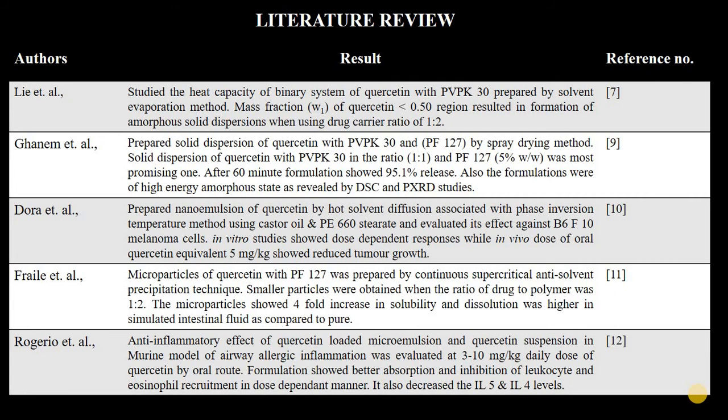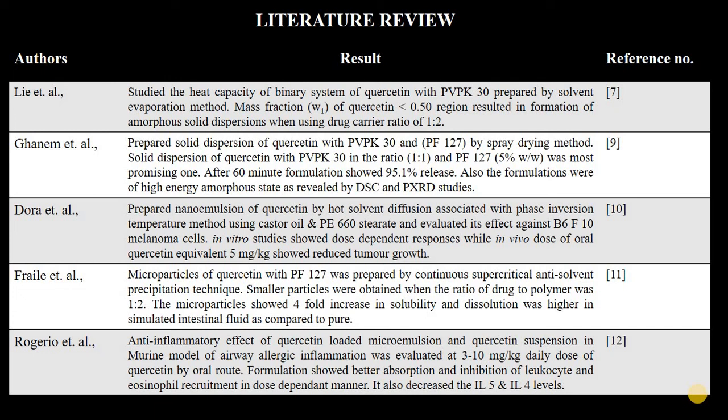These are some literature reviews. Lee et al. studied the heat capacity of a binary system of quercetin with PVP K30 prepared by solvent evaporation method. Mass fraction of quercetin less than 0.5 resulted in the formation of amorphous solid dispersions when using a drug carrier ratio of 1:2. Ghanem et al. prepared the solid dispersion of quercetin with PVP K30 and PF127 by spray drying method.